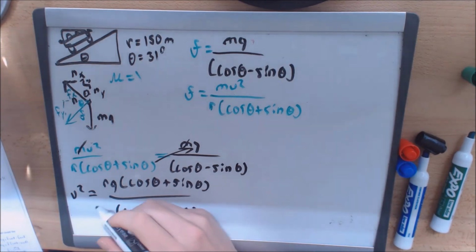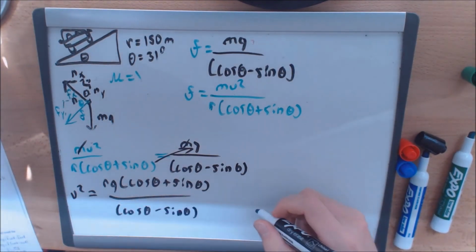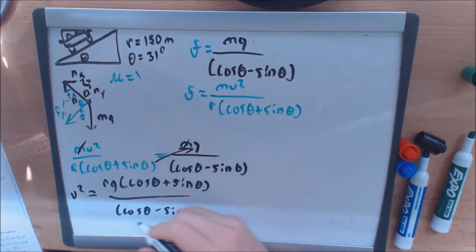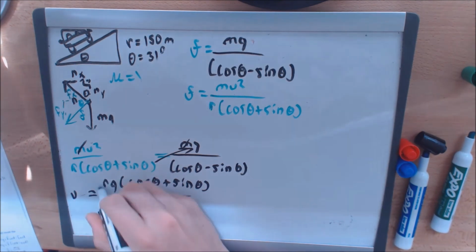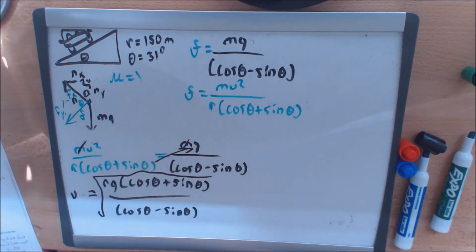And if we square root this whole thing, v is equal to the square root of that whole thing.